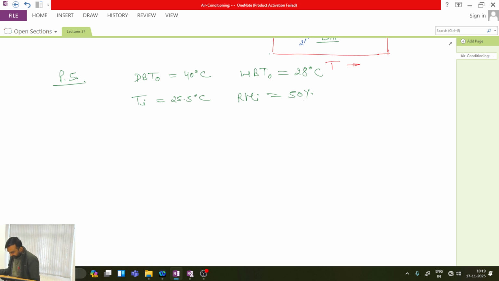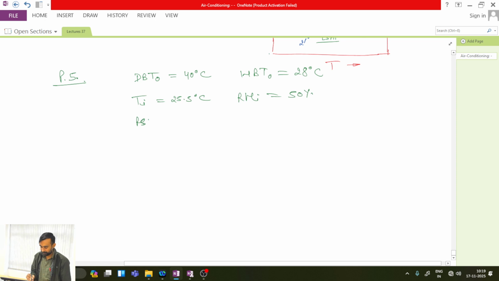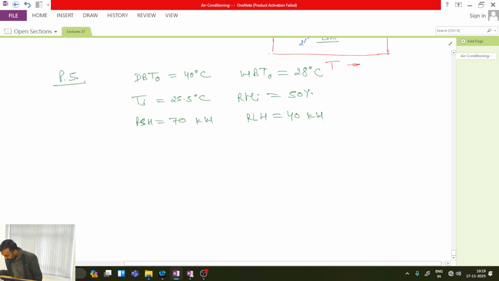The RSH and RLH are 70 and 40 kilowatt respectively. Is this point clear? There are 200 persons in the laboratory. How many people? 200, and the ventilation requirement is 0.56 cmm per person.